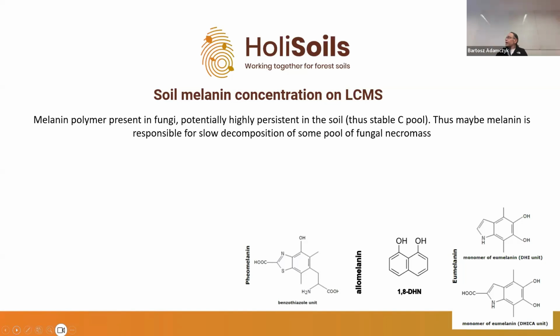In the middle, you have allomelanin. This one is very typical for most of the fungi. It does not contain any nitrogen and sulfur. And on the right, we have eumelanin. Some fungi can still produce it. It contains nitrogen. And as a matter of fact, eumelanin is that melanin which we have in our skin.